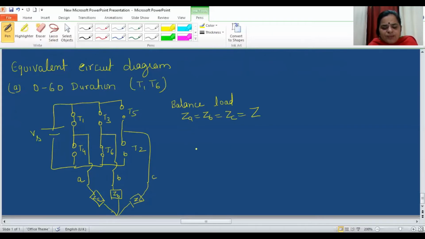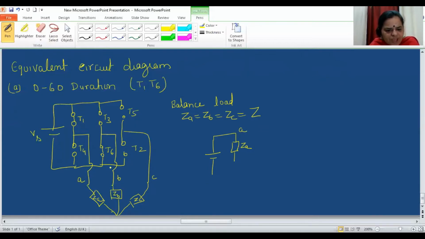So now if we redraw the circuit, you can see that ZA impedance, which is equal to Z, through this T1 is connected to plus of Vs. So let me draw ZA impedance with the help of T1 short circuit connected to Vs, and this is A phase.